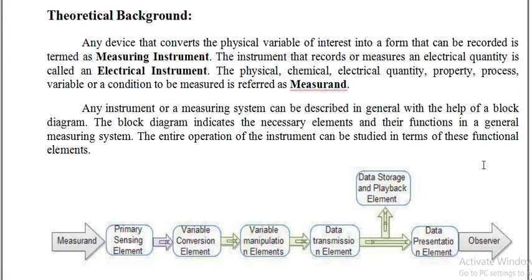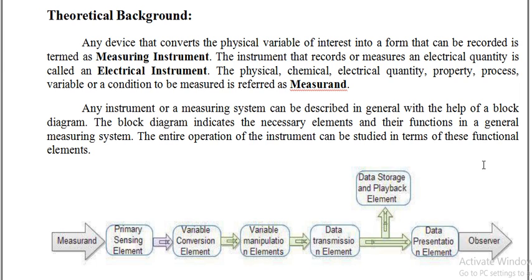In the variable conversion element, for example, if the data we have obtained from the primary sensing element is in the form of analog data, you can convert this data into digital form. That conversion from analog to digital will be in the variable conversion element.